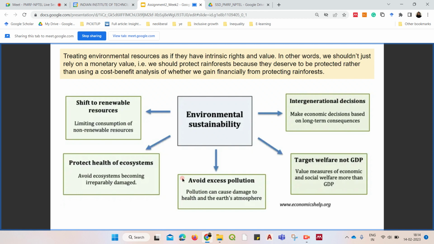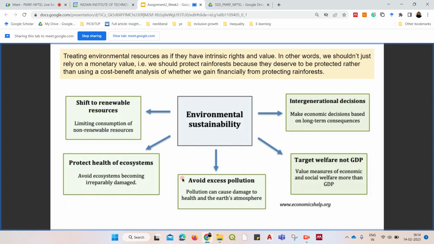The line of thought following environmental sustainability is that we should protect a resource because it has its own intrinsic value. Although it can provide us some financial gain, the value of that resource itself is larger than that short term or long term gain which we can have from it.